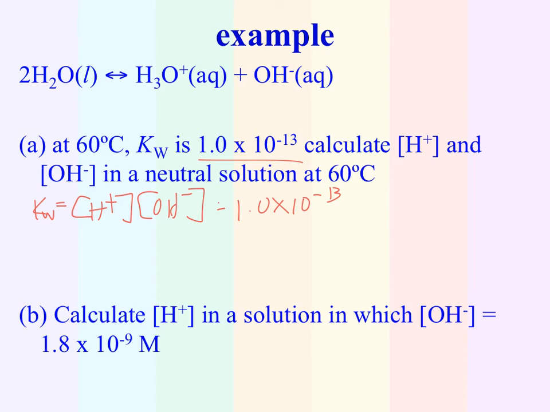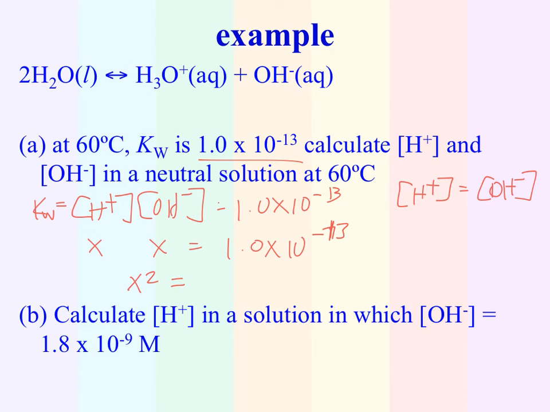And if we want to know the concentration of H plus and OH minus for this situation, we know that for a neutral solution, the concentration of H plus and OH minus are going to be equal, right? So basically what we have is x times x is equal to 1.0 times 10 to the negative 13th, or x squared is equal to 1.0 times 10 to the negative 13th.